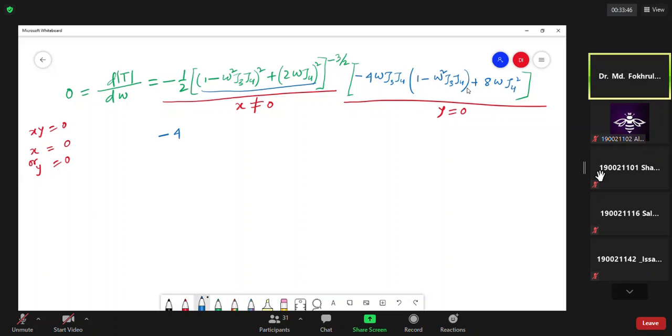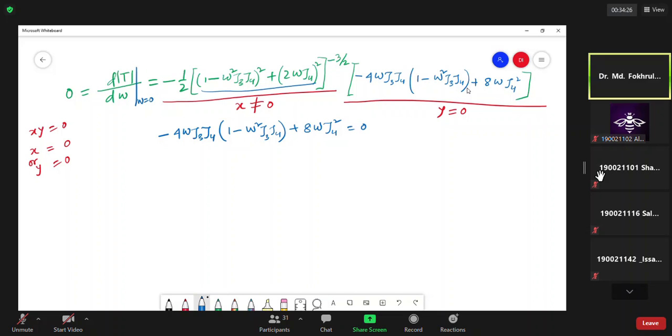So we can write minus 4ωτ3τ4 into (1 minus ω² τ3 τ4) plus 8ωτ4² equals 0. We also have another condition here, ω equals 0.